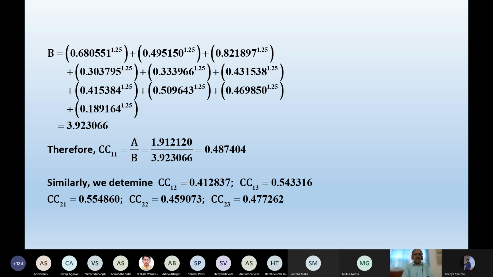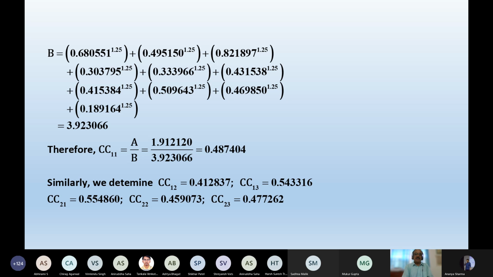Now CC11, that is the first dimension of the first cluster center, is nothing but A divided by B. Similarly, CC12, that is the second dimension of the first cluster center.